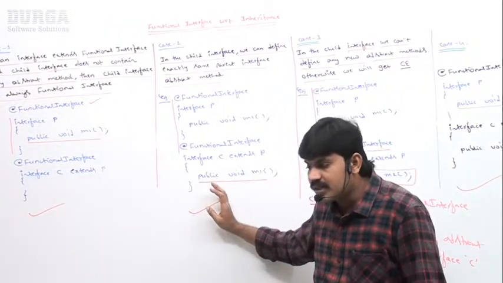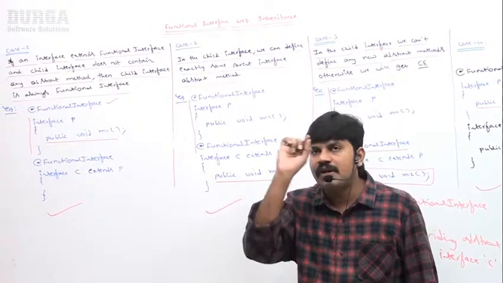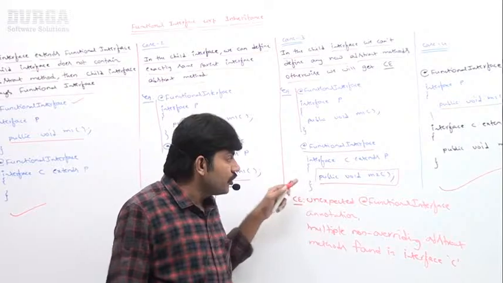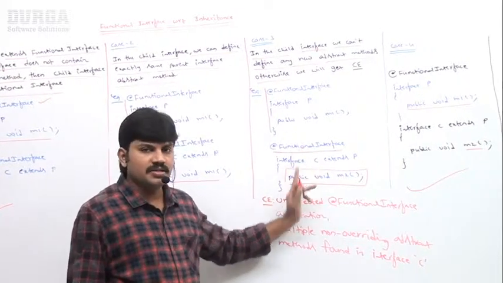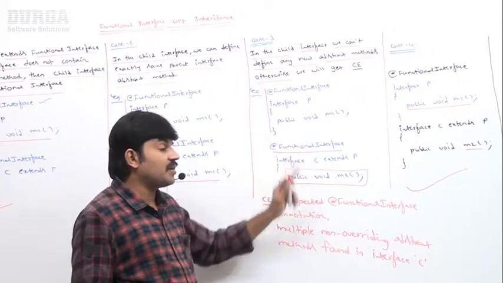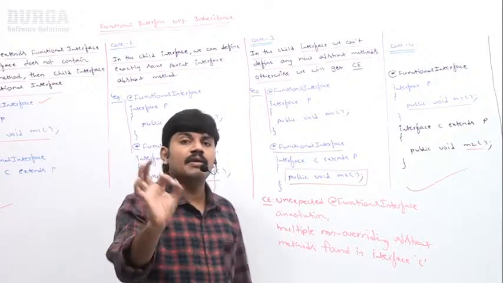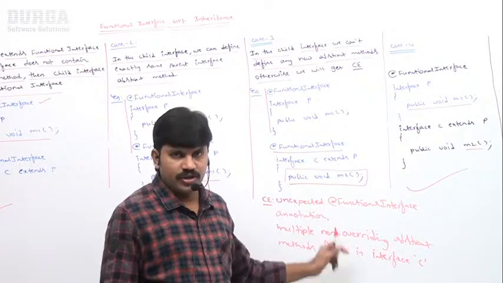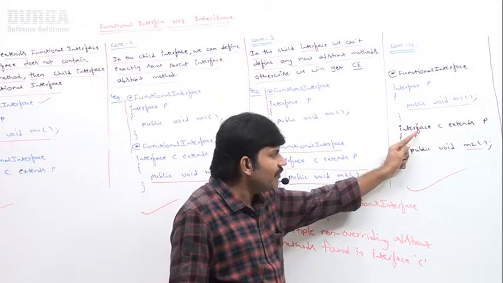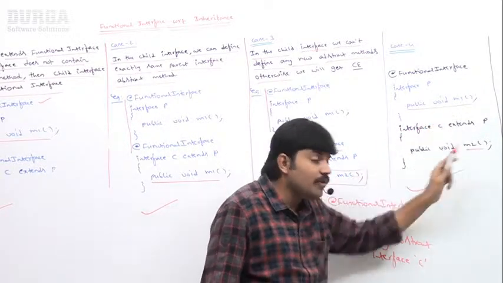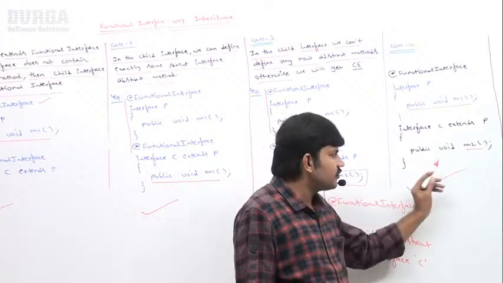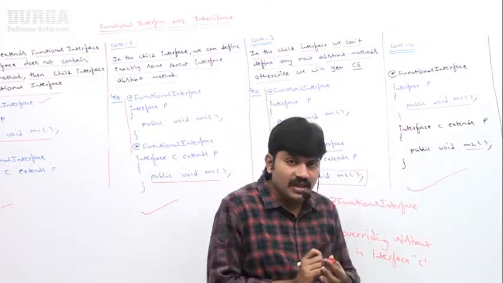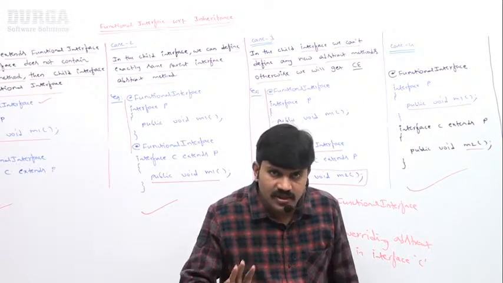If the child contains exactly the same parent interface abstract method, valid. If the child contains a new abstract method, then automatically it is invalid, because a functional interface should contain exactly one abstract method. Multiple abstract methods give an invalid compile error. But here, even though the child interface contains multiple abstract methods, it is still valid. The reason is I didn't declare the child interface as a functional interface. Is it clear for all of you, right?